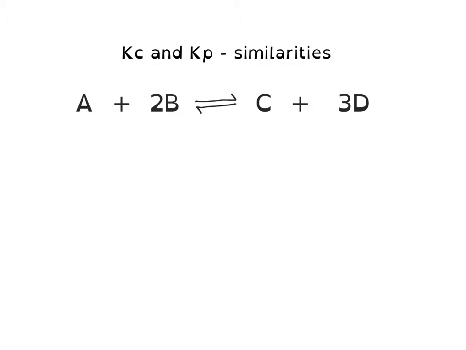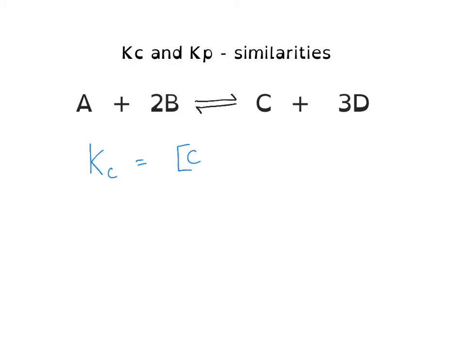So there are some useful similarities between Kc and Kp that we should be aware of. You should already know that if you were writing an equation for Kc from this equation here, we would be putting the right hand side, the products, on the top of the equation.